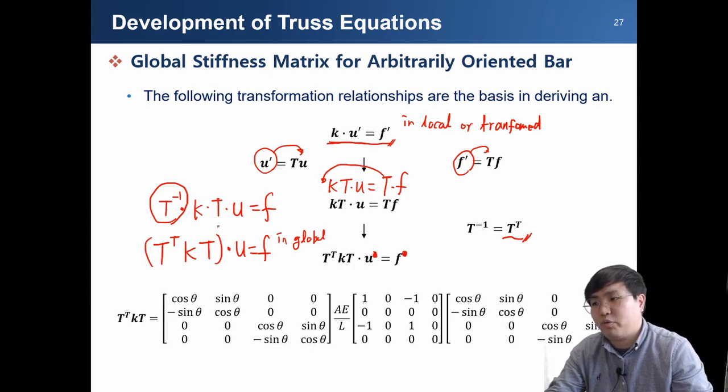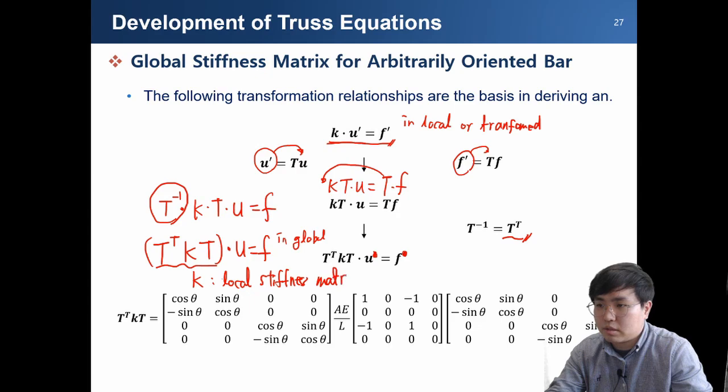And then we can say that this is the global stiffness matrix, the local stiffness matrix in the global coordinate.